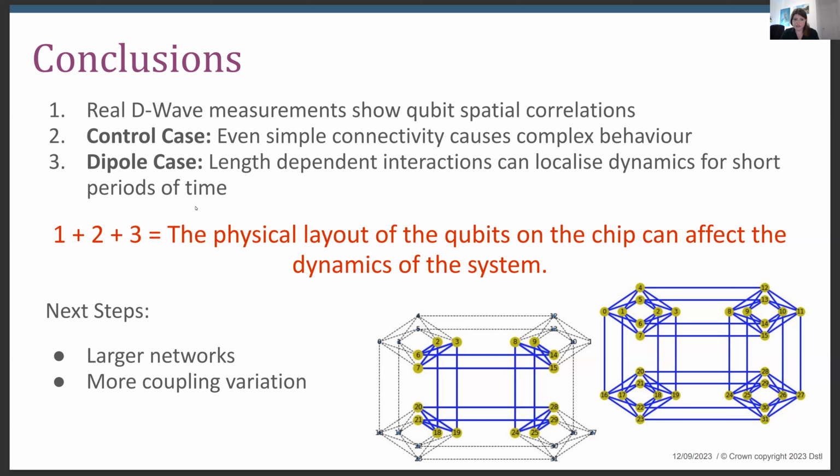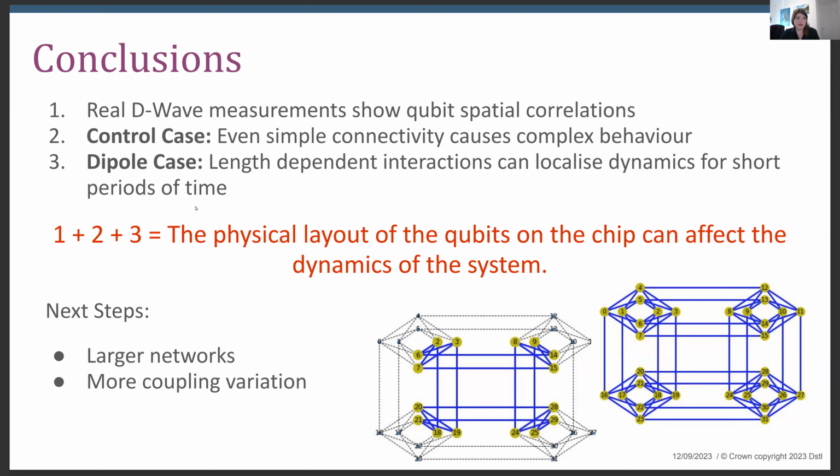And then our third conclusion is that in the dipole case, length-dependent interactions can localize the dynamics for short periods of time. And when you're considering that you may see these physical effects in real annealers, this would be an effect that you didn't want. Part of having an annealer is that it behaves as a whole chip, and you don't want things isolated to small regions of the chip.